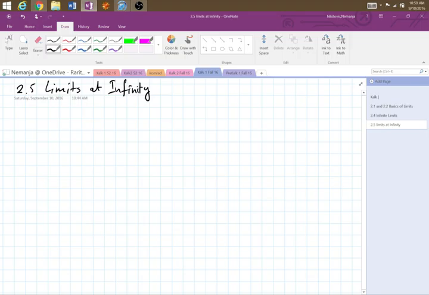Limits at infinity. In this case, we are going to take a look at the problems in which x goes to either positive or negative infinity, and the answer could be either a finite value or some kind of infinity.